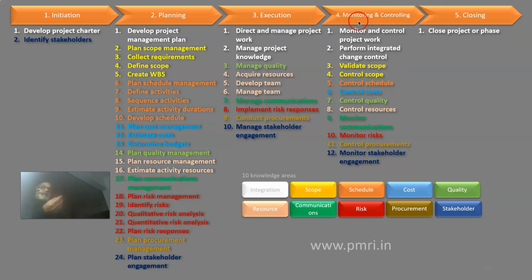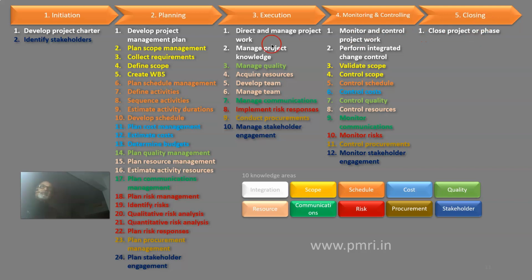And the last part of the initiation, planning, execution, monitoring and controlling, and closing. So we get into the closing part. Here there is only one process, that is close the project or phase. The closing, a formal closure, can happen at the end of every major phase, and it can happen at the end of the project as well.